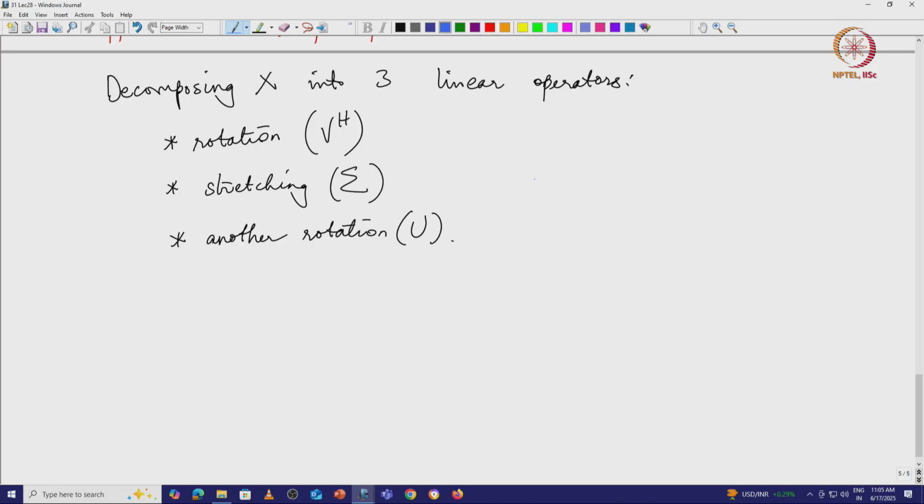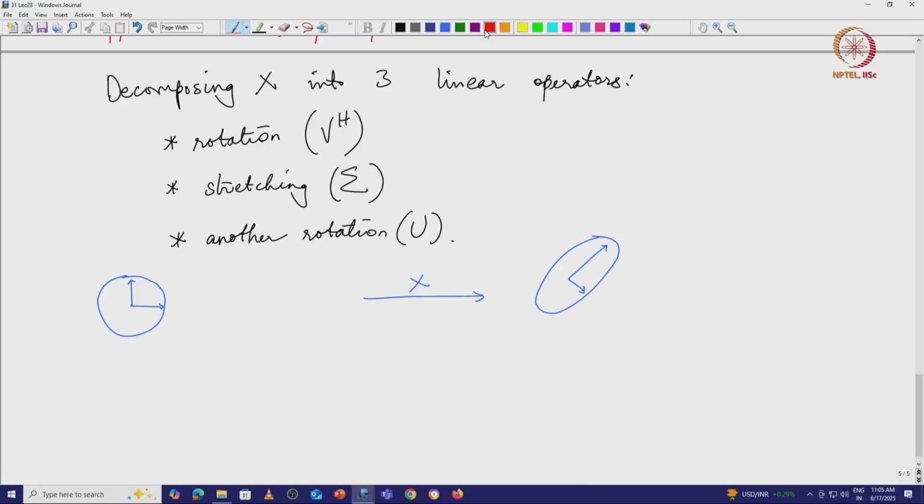Let us say you have some data here, which is distributed like this, and these are 2 axes, and you are applying this linear operator X, and then you are getting a different sort of data that is distributed in a slightly different way, and let us say these are the axes.